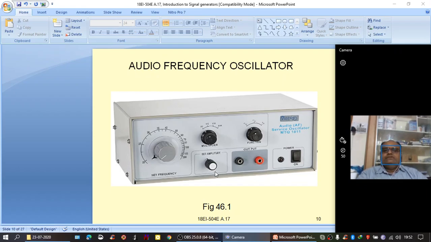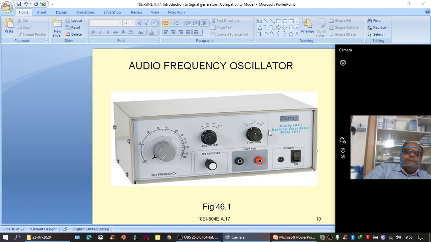Amplitude can be continuously adjusted here, and a multiplier is available: multiplied with 1, multiplied with 10, multiplied with 100, multiplied with 1000. This is for frequency adjustment, starting from 20 to 200. A continuous frequency adjustment knob is here.